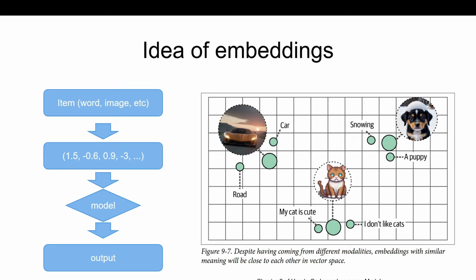So what numerical representation is good? As we know, in neural nets, we have a lot of matrix transformations applied on the vectors.